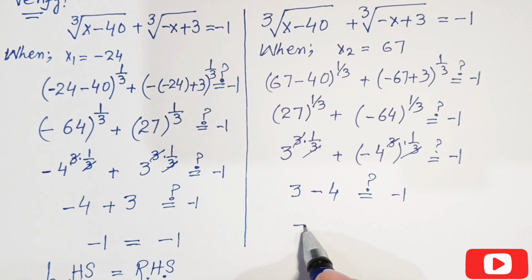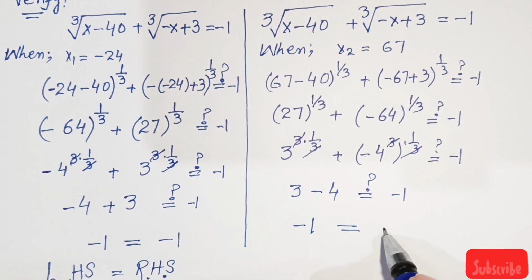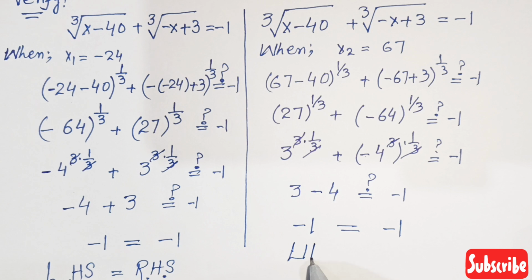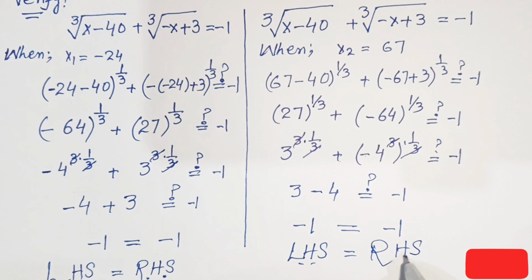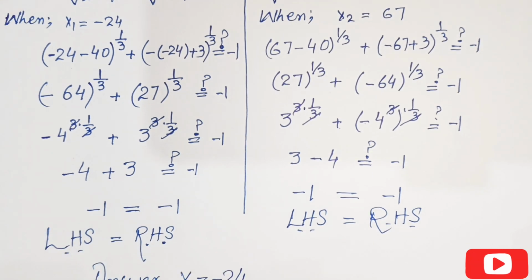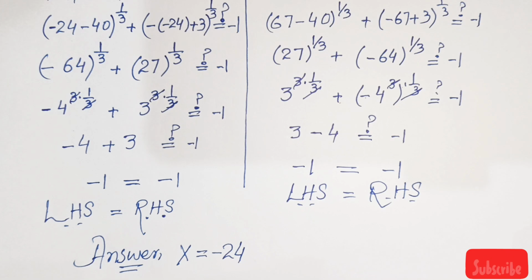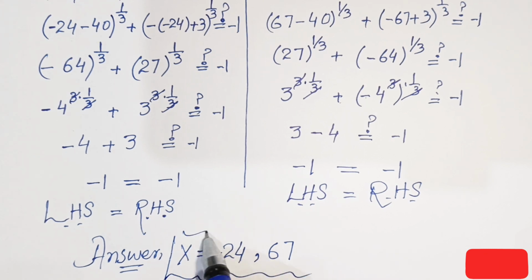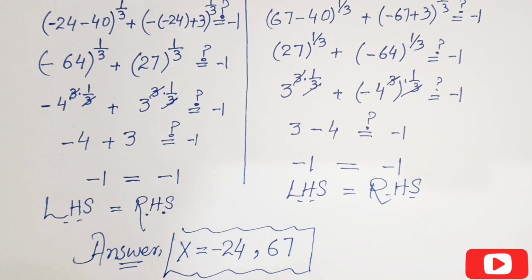So here it is minus 1, that is equal to minus 1. So the left hand side of this equation is equal to the right hand side. Hence we prove that both these values are valid for this problem. So x2 is 67, it is our second answer. So these are the two values of x that we found by using all these steps.